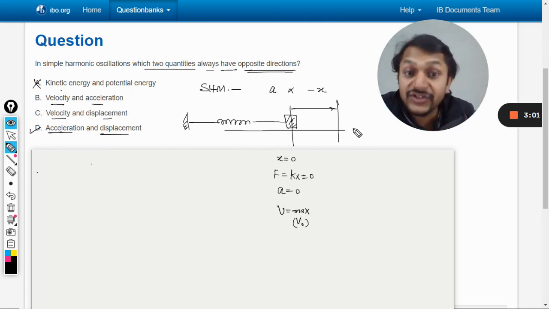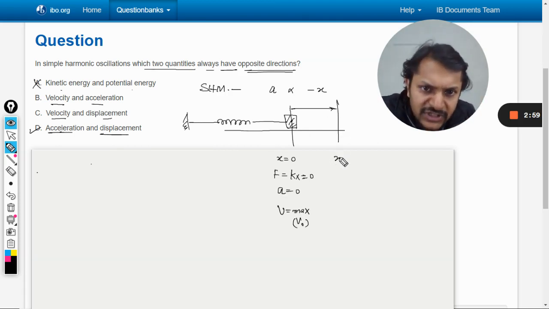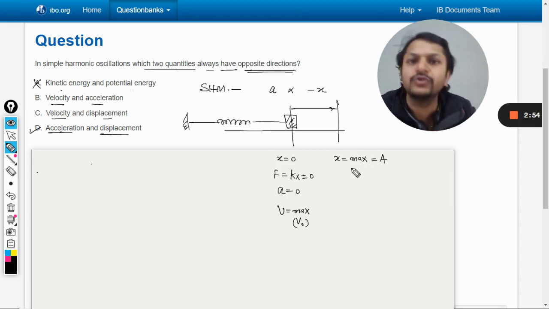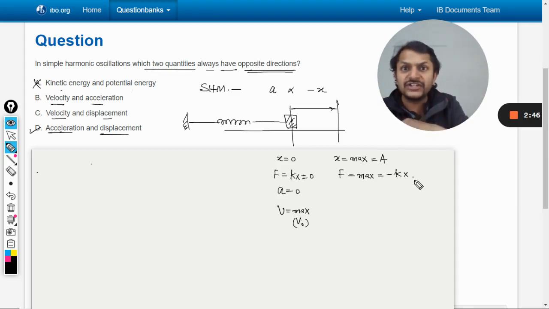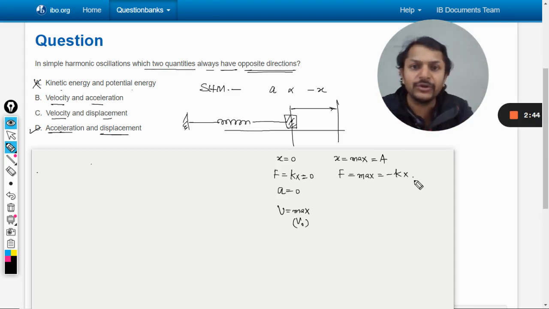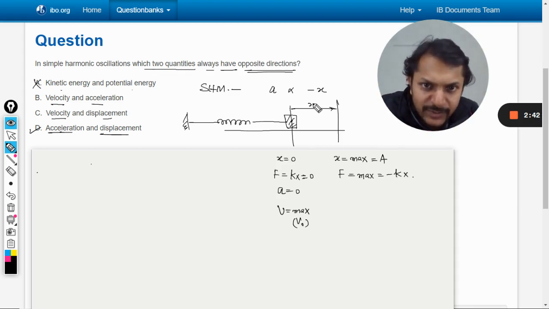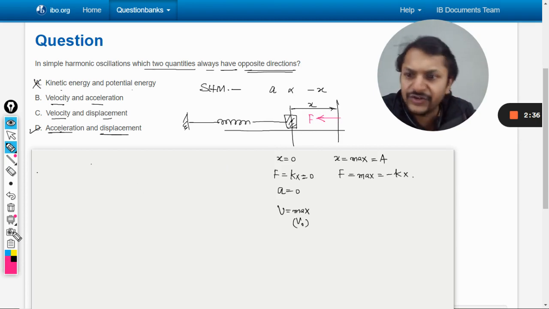Let us think about the extreme position now. At the extreme position, x is the maximum value, displacement is maximum, and that is amplitude A. What will be the restoring force? Obviously this will also be maximum, and that will be minus kx, because the force is restoring, so the direction of the force will be opposite. This is the displacement, that is x, so the force will be in this direction. This is the restoring force, which is always in the opposite direction.